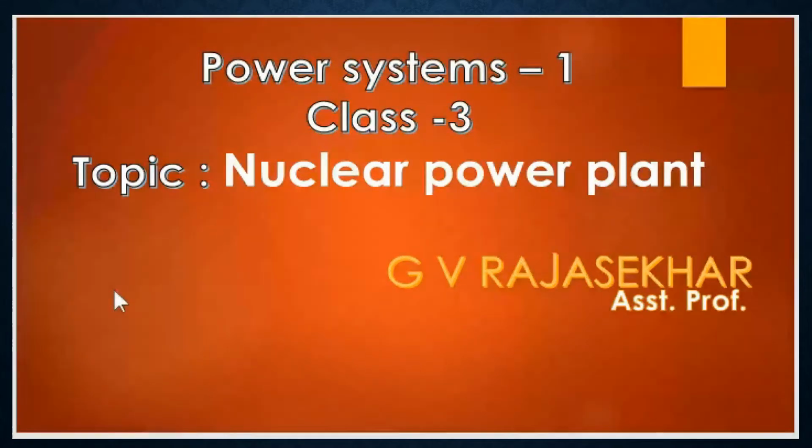Our nuclear power plant will have a construction similar to a steam power plant, but the only difference is that there we use coal as a source of energy, and here we are going to use uranium. So what is uranium? Uranium is a radioactive compound.